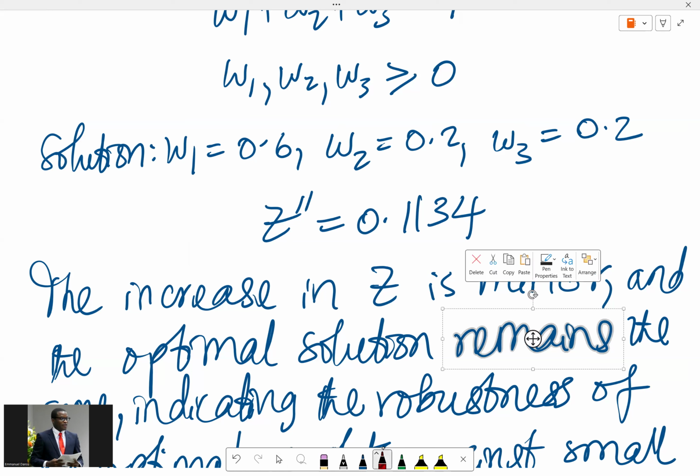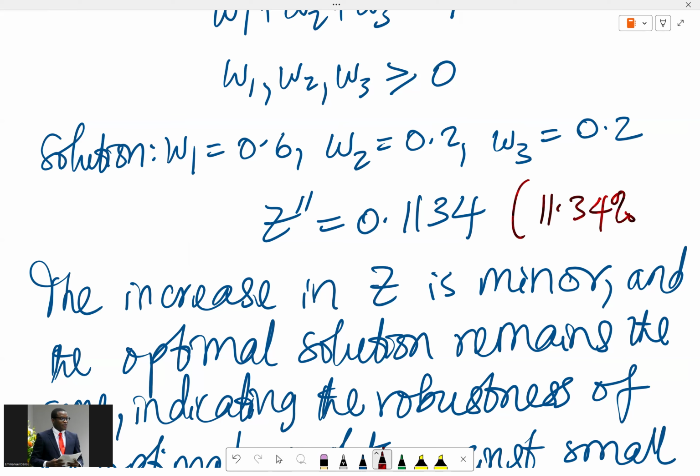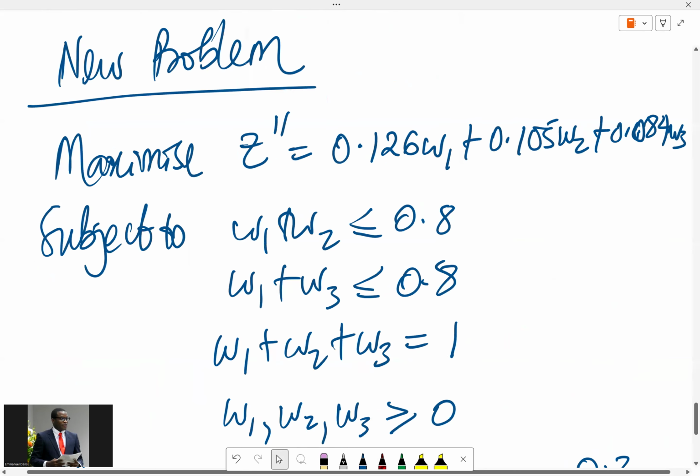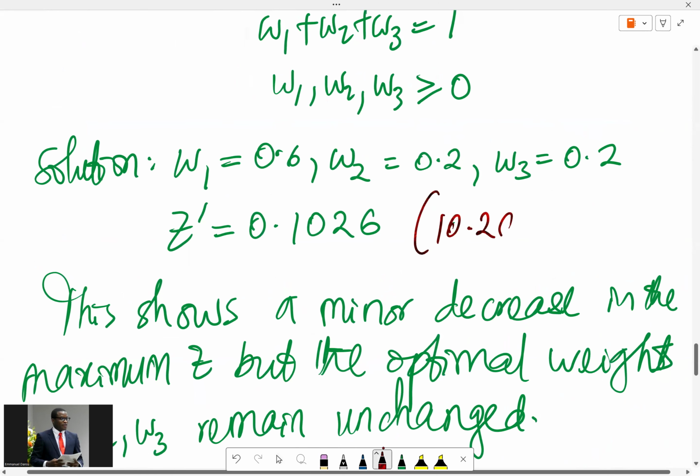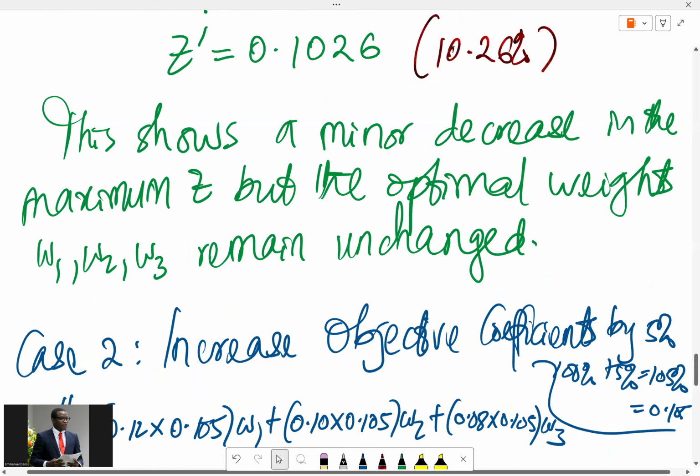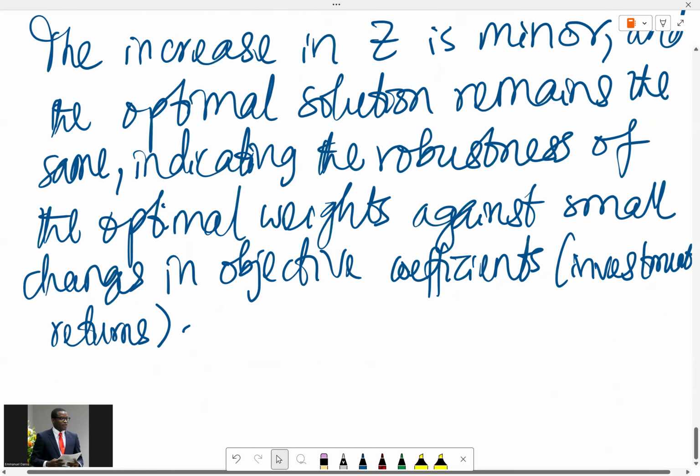So don't forget, this can also be rendered in terms of percentage. So 11.34% is what you get here. And in the previous case, we ended up getting 10.26%, which was a little bit of reduction from the 10.8% that you got in the optimal solution.